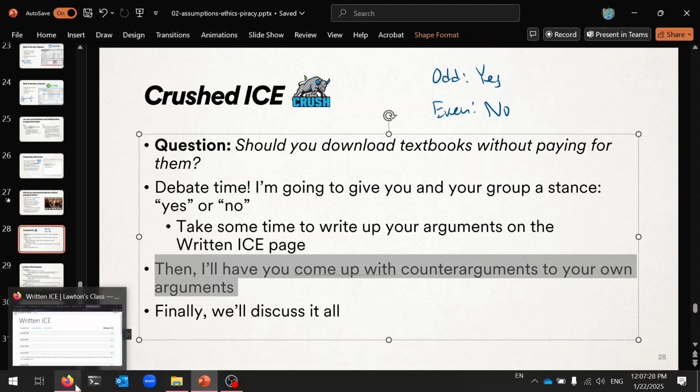Is that enough time? You all click submit so it actually goes in. It doesn't auto update. You have to click the submit button for it to get the new thing.